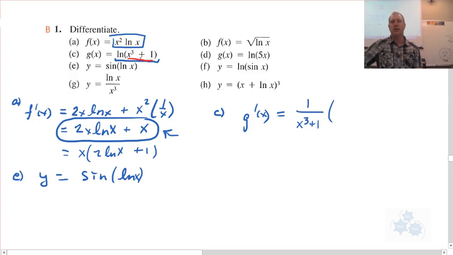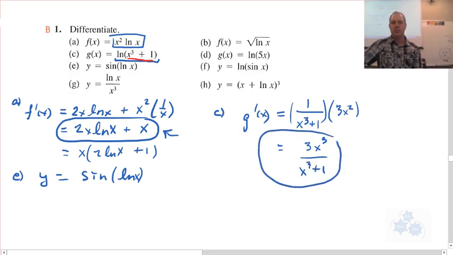Now we've got to times the derivative of the inside, it's chain rule. So this is 3x squared. So again, the derivative of ln of something is 1 over that something times the derivative of the something. And so that's 3x squared over x cubed plus 1, looks like, for C.